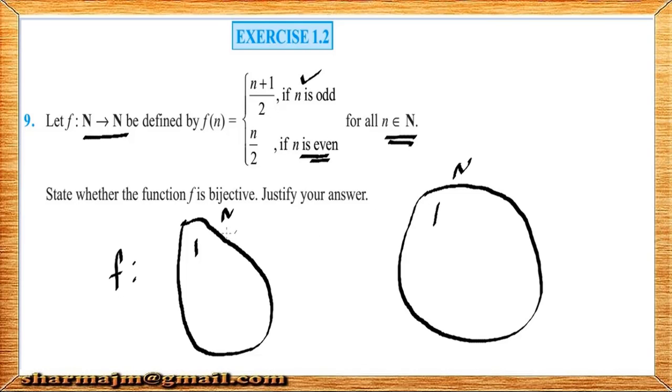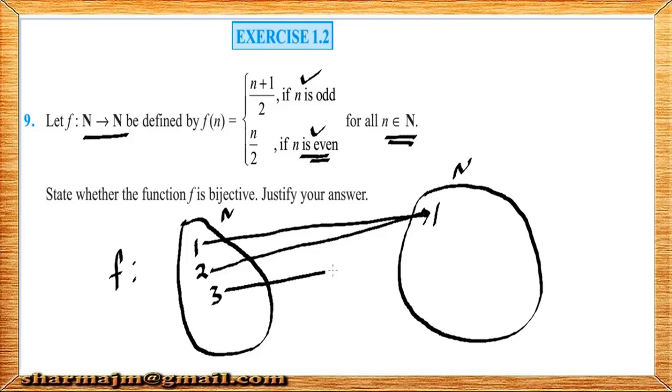Okay. So image of 1 is 1. Now we take 2 here. So 2 is even. We apply this definition, 2 by 2 is 1. So we take 3. Then 3 is odd. We apply this definition, 3 plus 1, 4 by 2 is 2. So image of 3 is 2.